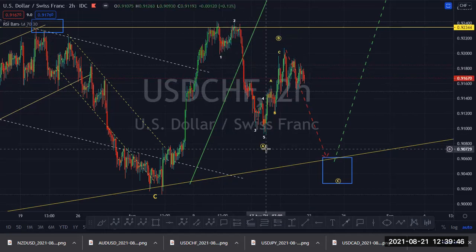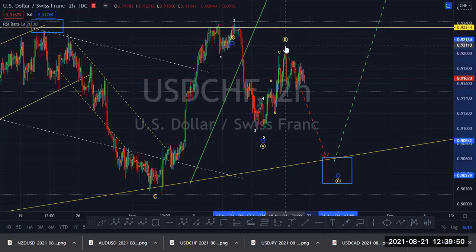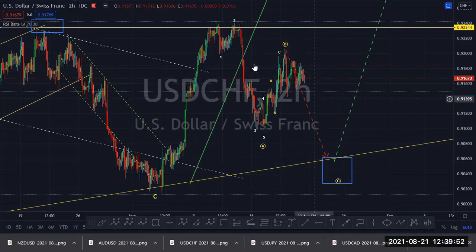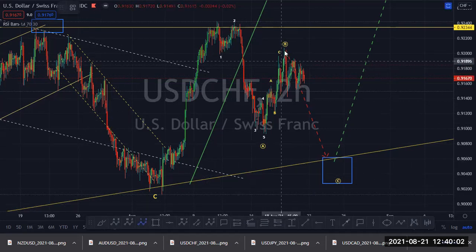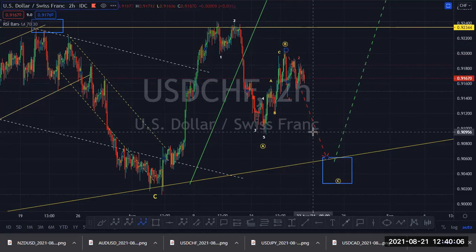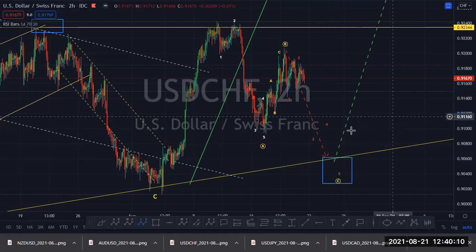This is wave A, this is wave B, then C. I'm looking for 5 waves drop once again, for instance something like this. This is wave 1, this is 2, 3, 4, 5. So that's what I'm looking at.